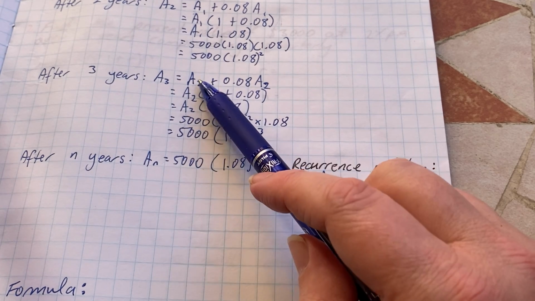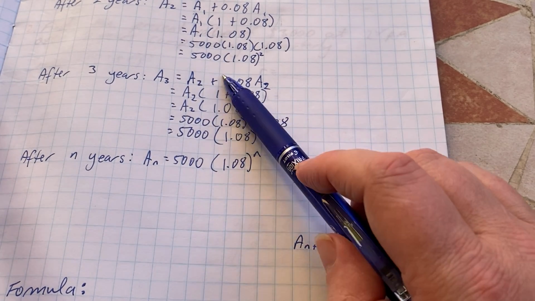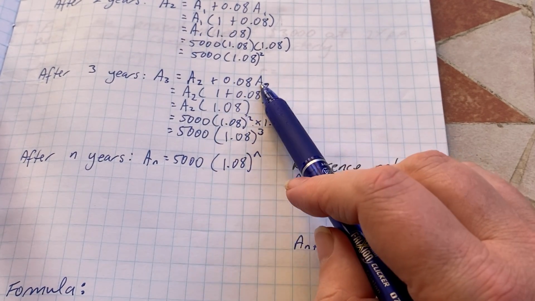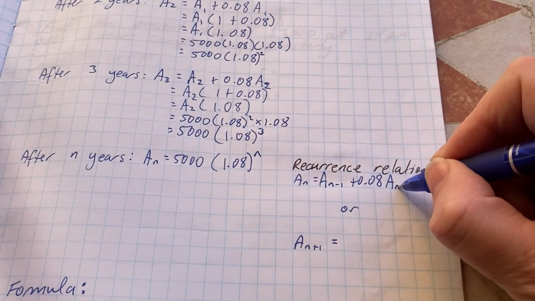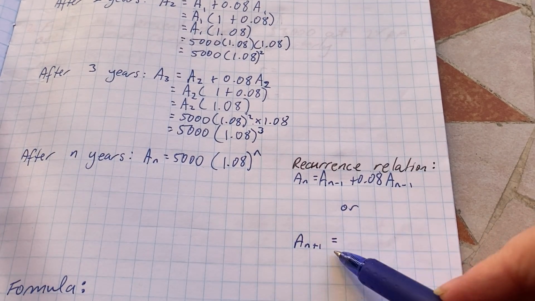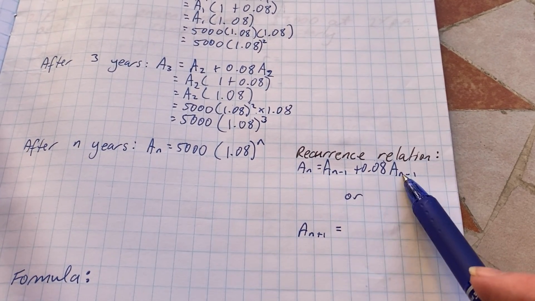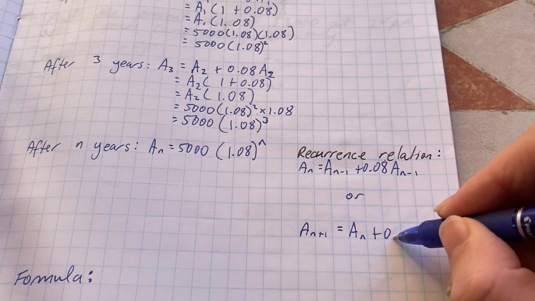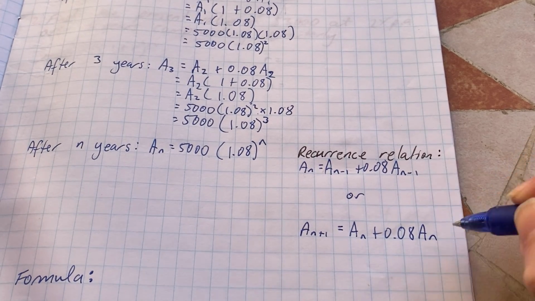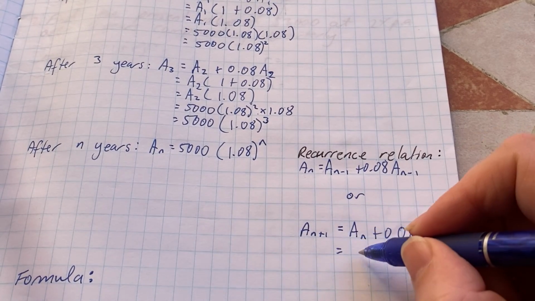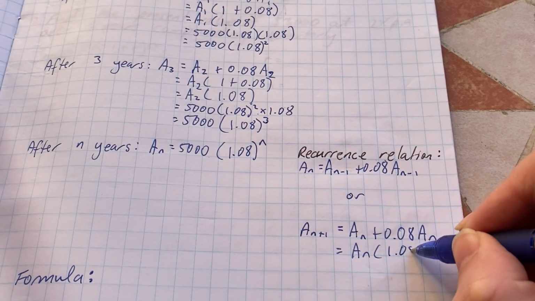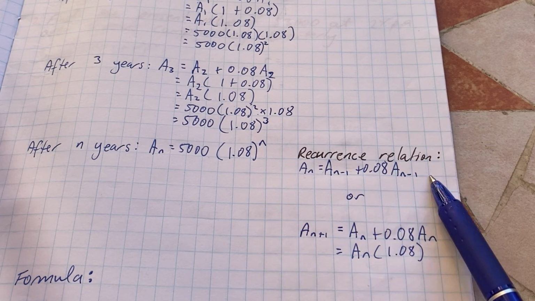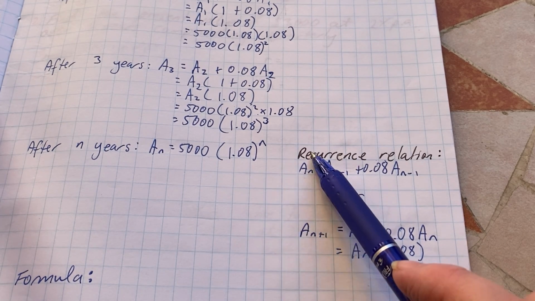That was 3, that was 2, that's 1 less, so n minus 1, plus 0.08 times our a n minus 1. That could also be written where we just add 1 to each of these. So it could be that the next one is the last one plus 0.08 times the last one. It can also be factorized, so 1.08. But this is the one we're generally going to use because we're generally going to be asked for a formula for an.